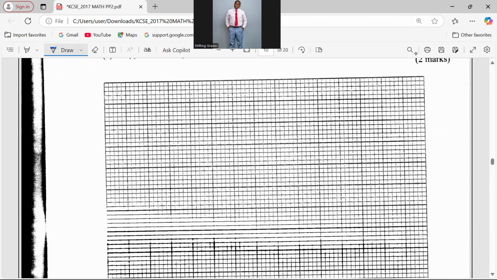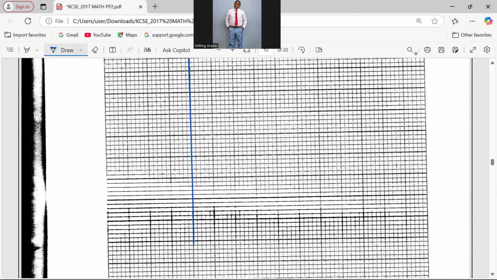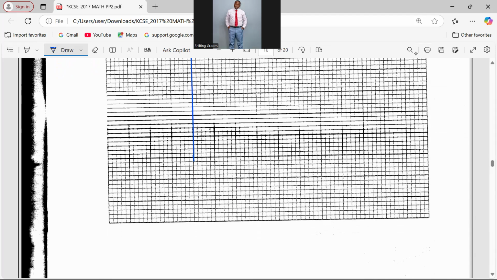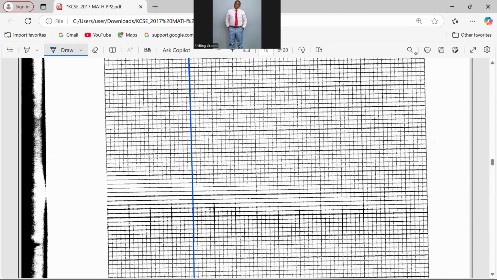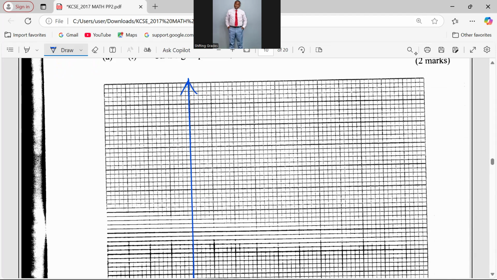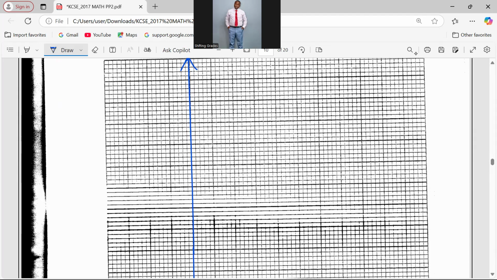Drawing the rectangle together with its image. This one is the vertical axis, otherwise the y-axis. Then we come up with the x-axis.